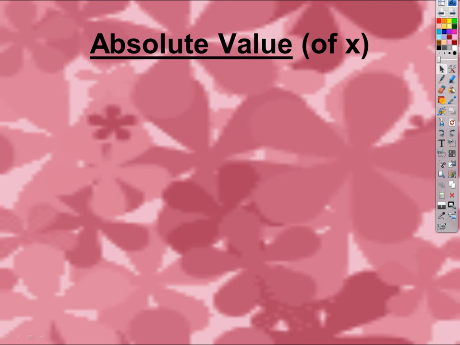If I take the absolute value of a positive number, like positive 7, what's the absolute value of positive 7? 7. So absolute value of a positive number does nothing, right? But the absolute value of a negative number, like negative 7, the absolute value of negative 7 is what? 7. Okay, so we could summarize it, I guess, by saying the absolute value's job is to make sure that whatever is inside it ends up being positive, right?